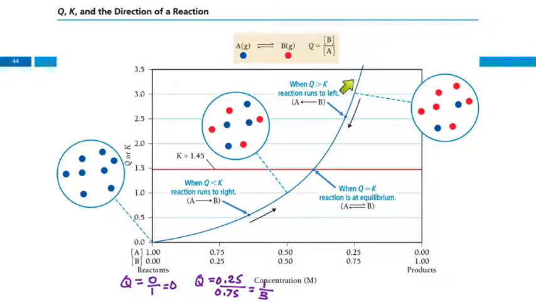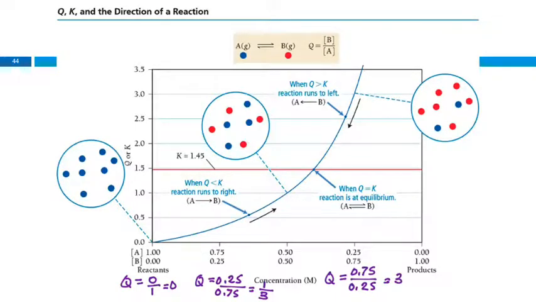If we start over here with lots of red circles and very few blue circles, Q is equal to 0.75 over 0.25, which is 3. So over here, Q is too high, and over here, Q is too low, it's too small.